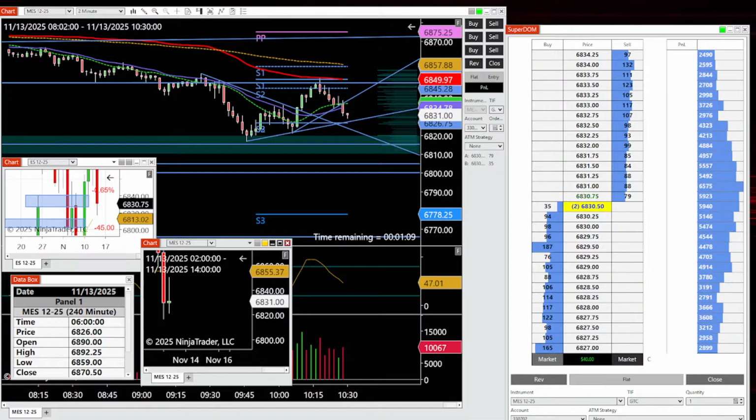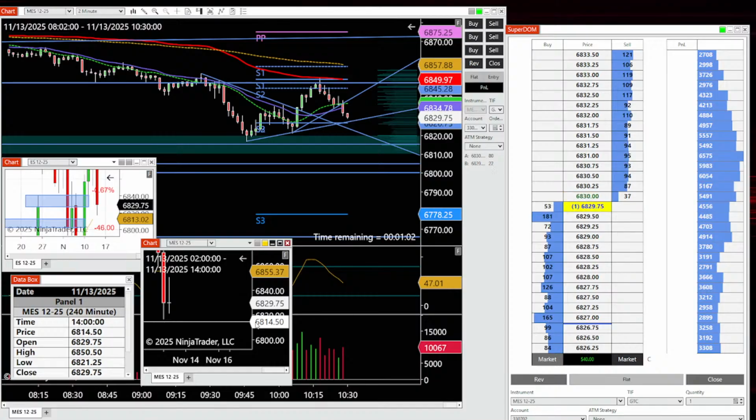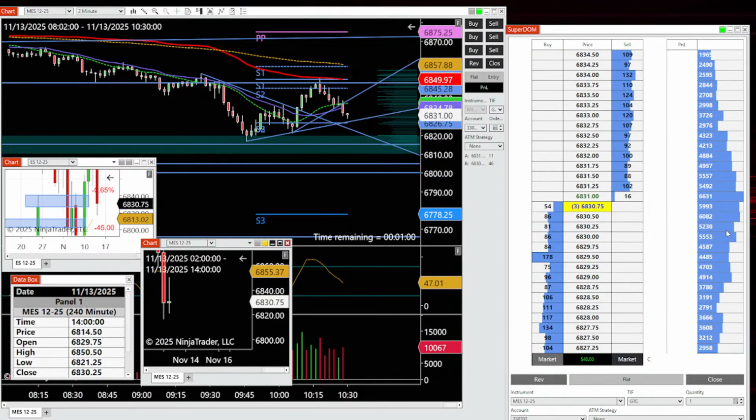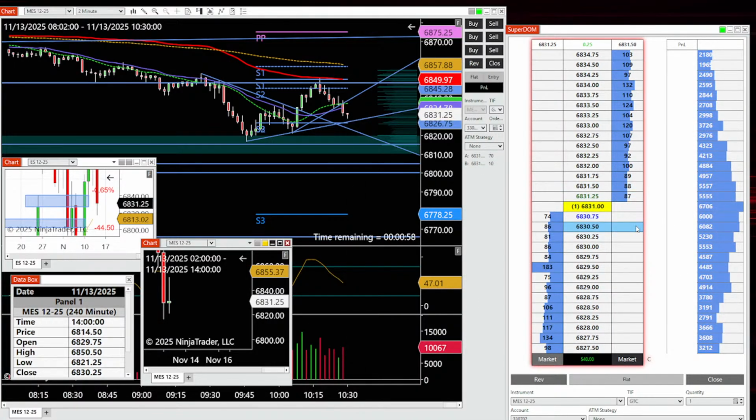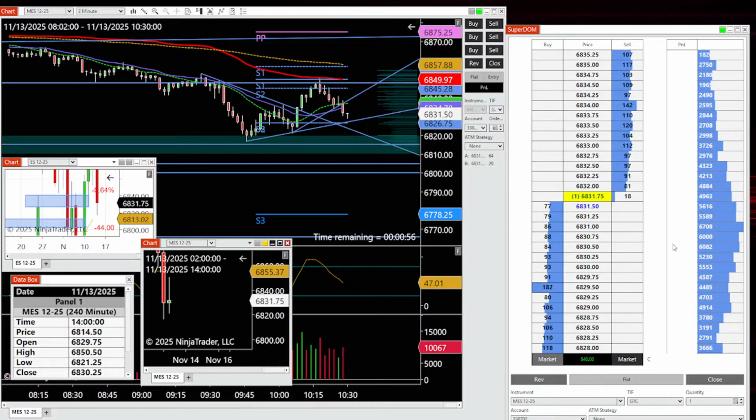And 30 point of control is 30.50. 30.50 is the point of control here. 6,000 contracts traded.